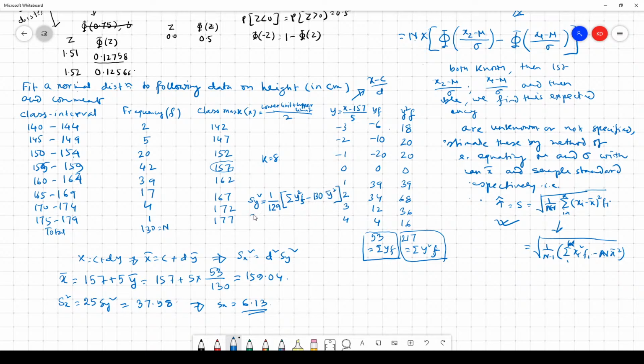So first you compute this part and put it here, and then you get s_x, which is approximately, in my calculation, 6.13. Please check.